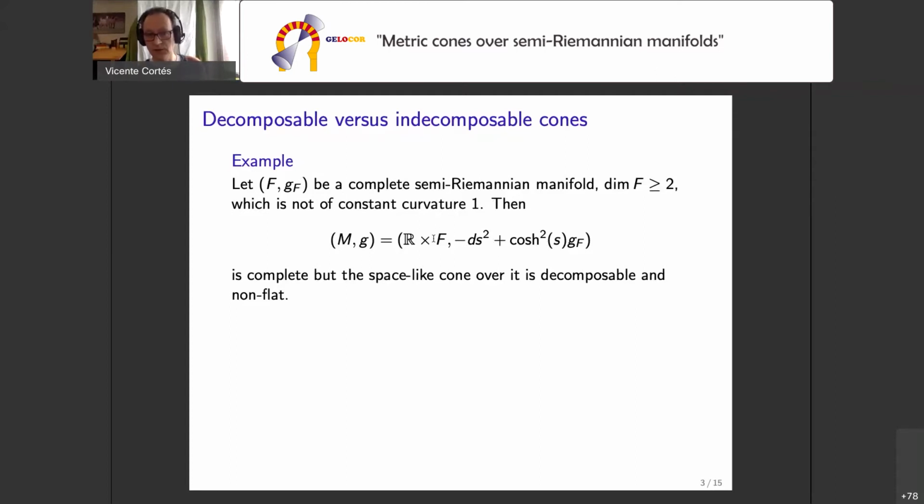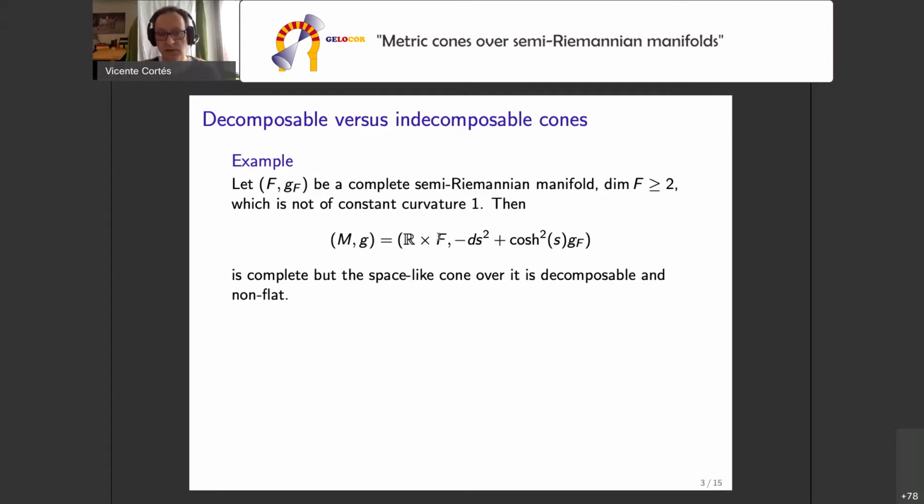And you can check that this metric is complete. In fact, you can show that the geodesic equation has complete solutions, so solutions are defined for all times, using the property that the metric on F is complete.